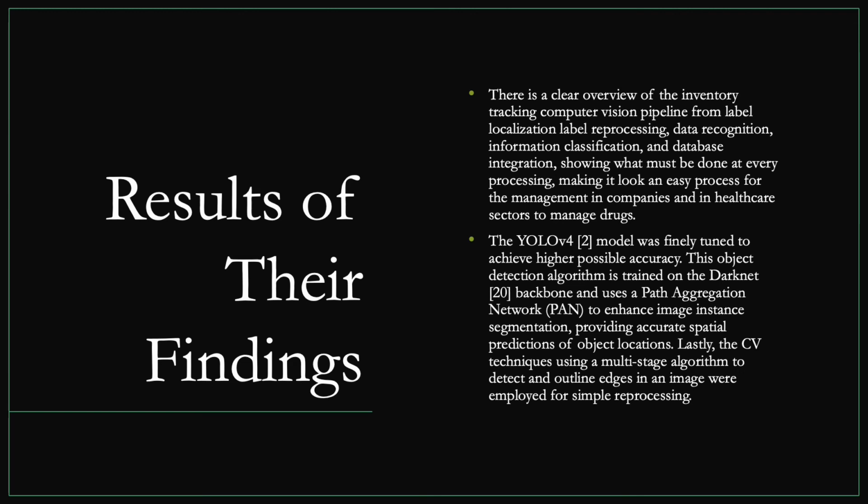And then by observing the YOLO model, which had the highest possible accuracy, the object detection algorithm is trained on the Darknet backbone and uses a path aggregation network. Finally we got CV techniques using a multi-stage algorithm to detect and outline edges for simpler processing.